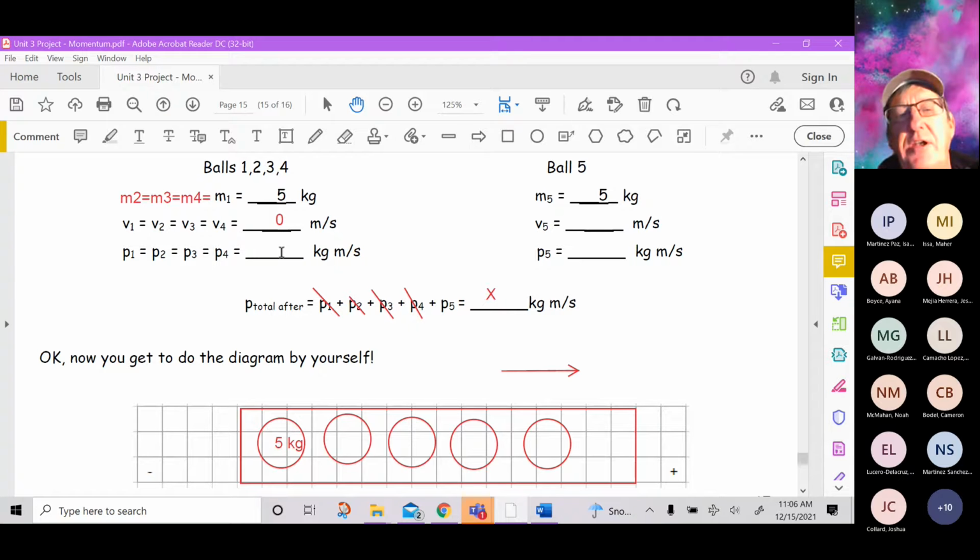You should be filling this in. I'm not going to do it for you. That means that all of these can kind of be canceled out because they all 4 had 0 momentum, which means my total momentum after was only from ball number 5. Which means that ball number 5 also had this momentum of X.